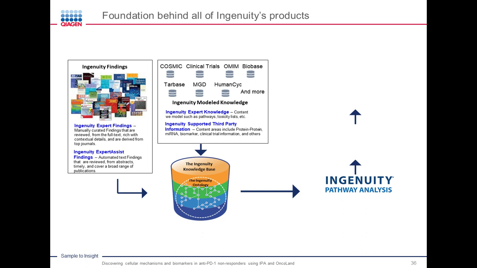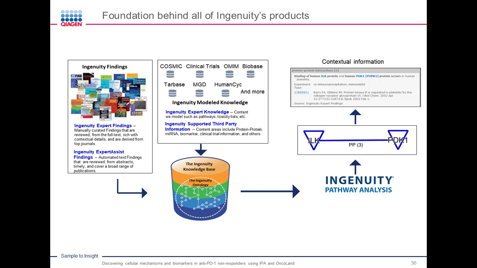And one of the great things is this information curation is quite contextual. Say you upload a list of genes, or you upload two genes, then IPA won't just show you that gene A is connected to gene B. It will give you the context that this connection is actually a protein-protein interaction. This was discovered in humans in such and such cell line. This was discovered by a co-immunoprecipitation experiment. And most importantly, it will list the source.